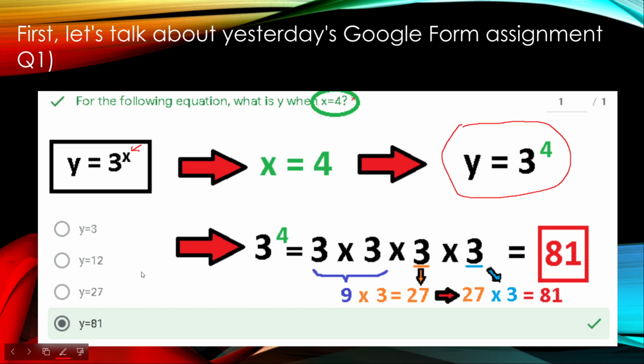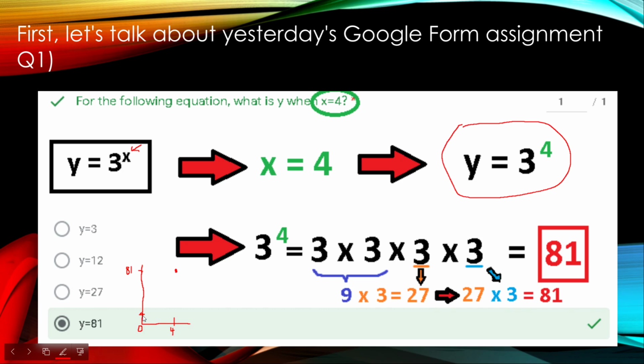If you went ahead and graphed this, that means when x is 4 down here, you're going to have a point all the way up at 81. So this should just be another example of how fast exponential growth is. Because we know when x is 0, and you do 3 to the 0, well then y would be 1.